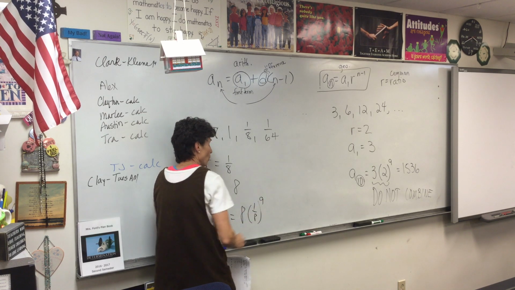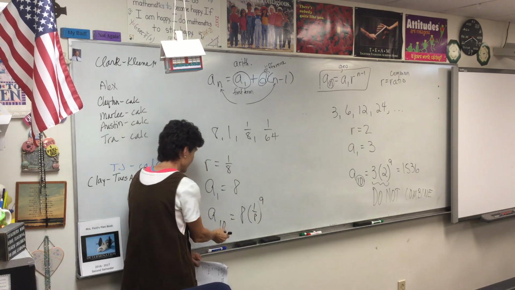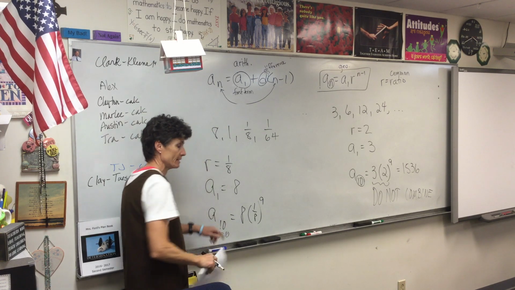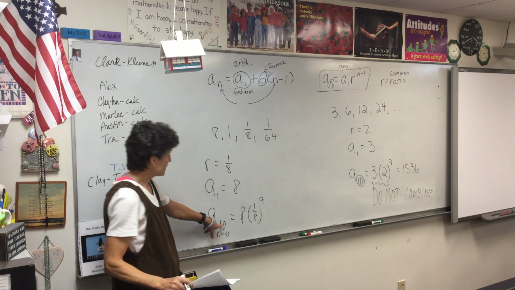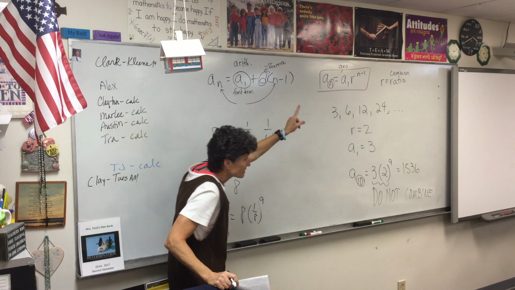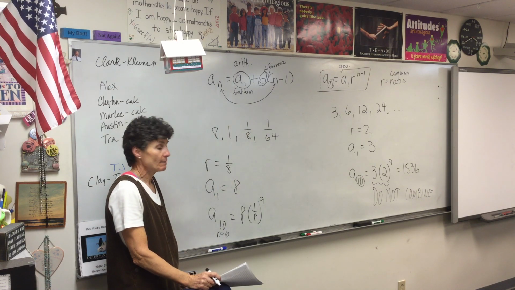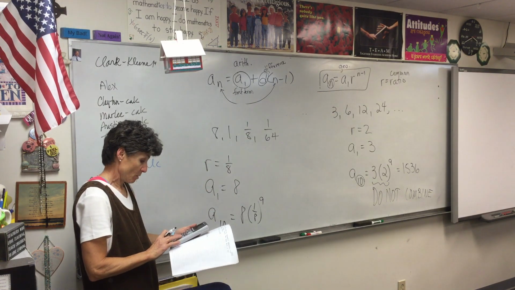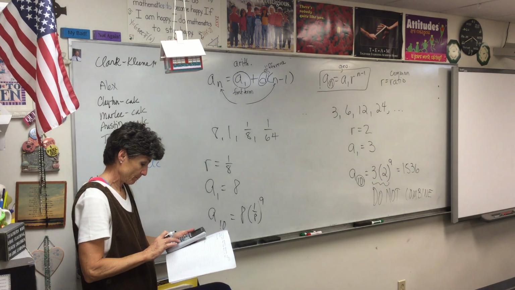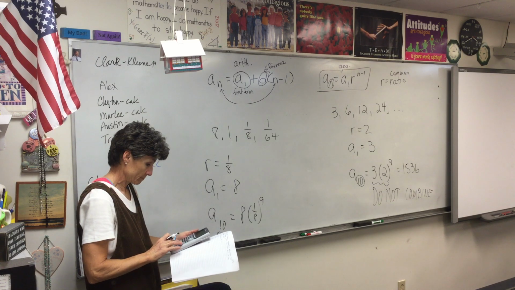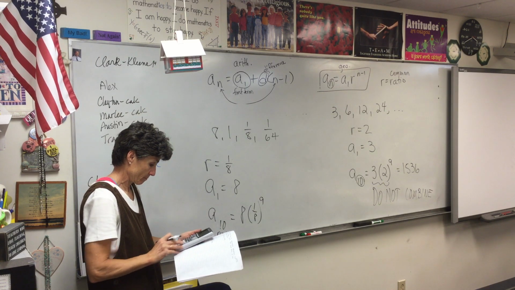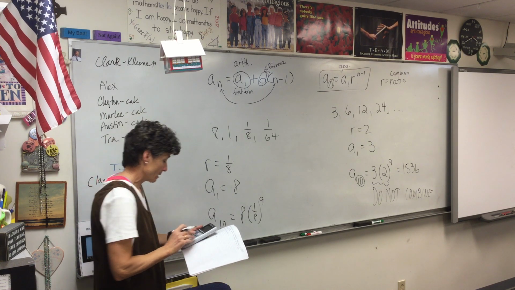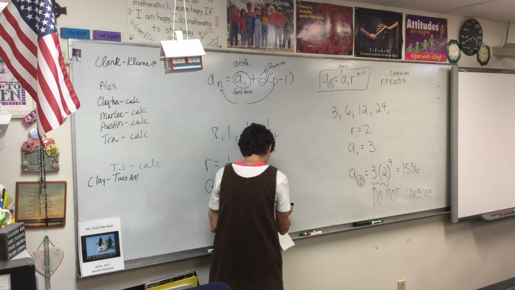The 9th. Why is it the 9th power? Because n is 10. And the exponent is n minus 1. So 10 minus 1 or 9. Alright, so this is going to be a small number. It is really small.